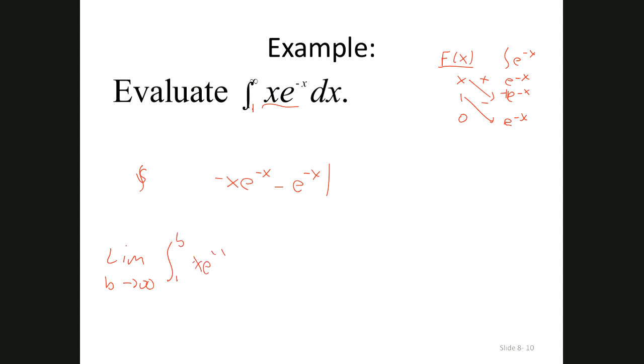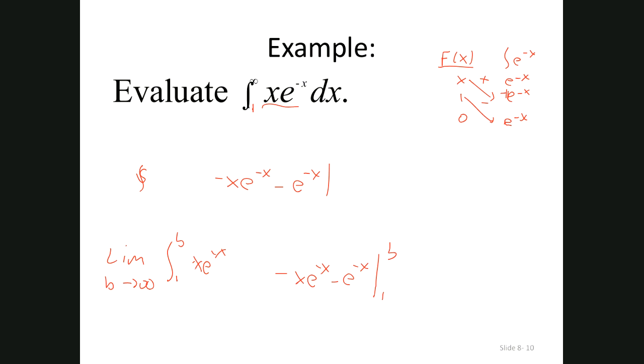Well, I've just taken the integral of this, and I came up with this. So this is going to be negative x e to the negative x minus e to the negative x from 1 to b. Remember, this is the limit as b approaches infinity.